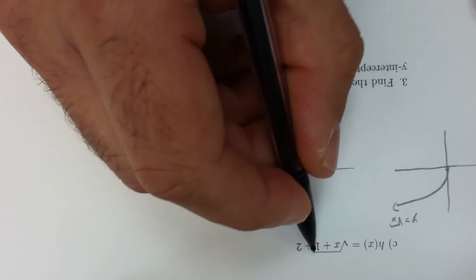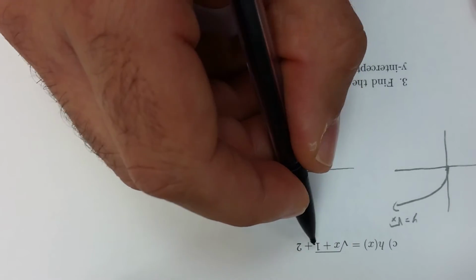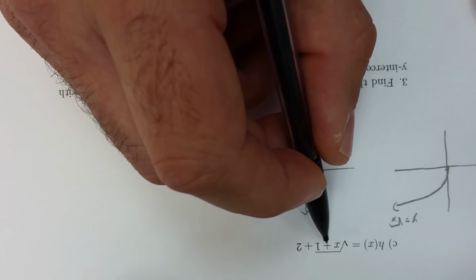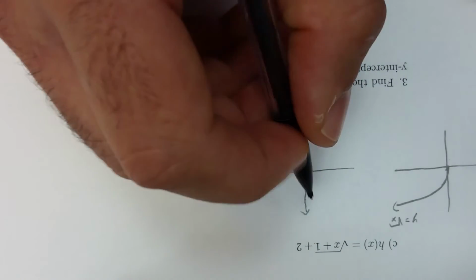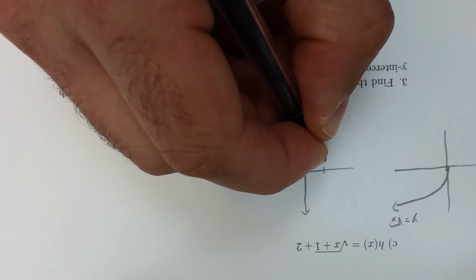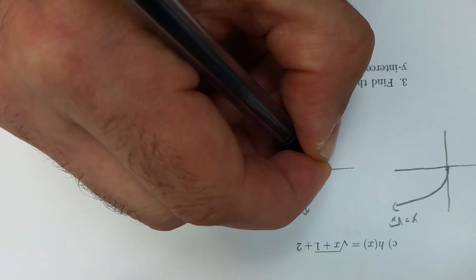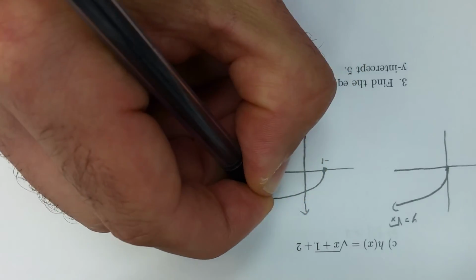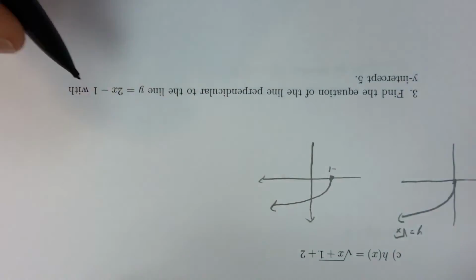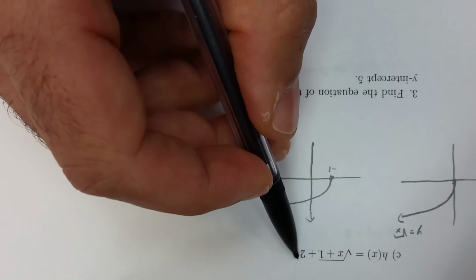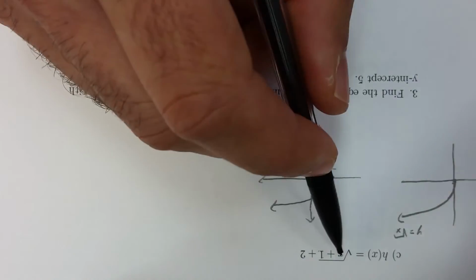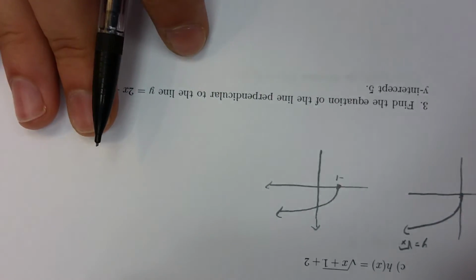So this is a shift. Adding 1 is a horizontal shift, either to the left or the right. Plus 1, opposite to what you'd expect, 1 unit to the left. So minus 1, that's where it starts. And again, it's a half parabola on its side, just shifted 1 unit to the left. Now we'll do the plus 2. We can see the 2 is added to the entire function. This is a vertical change.